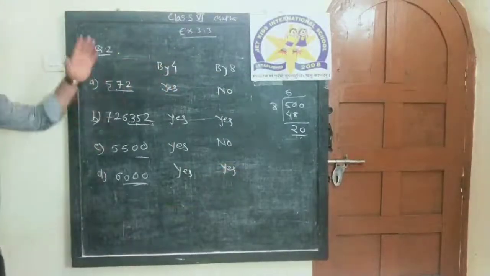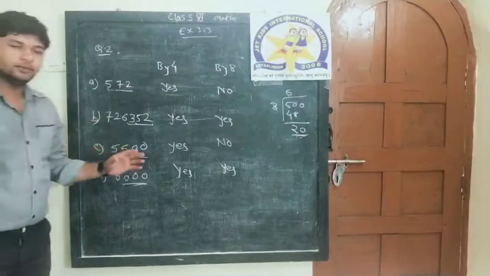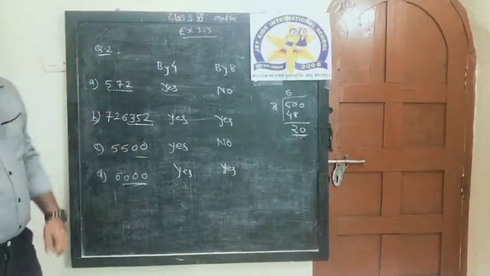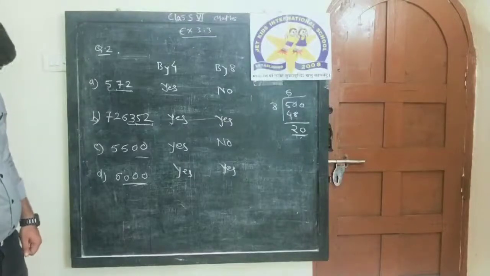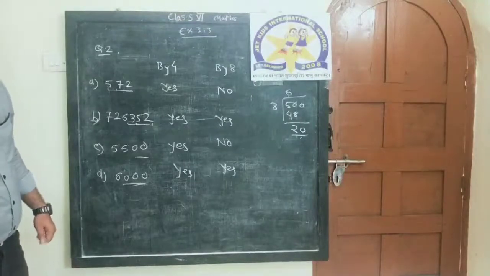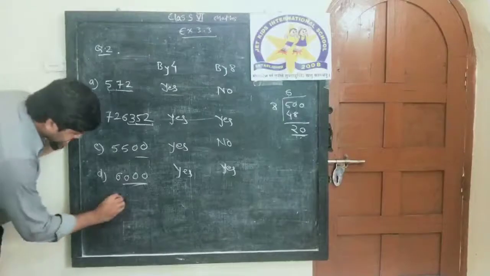Clear? Hope it is clear to all of you what I am doing here. Okay. Next, D is 6000. E is 12,159.